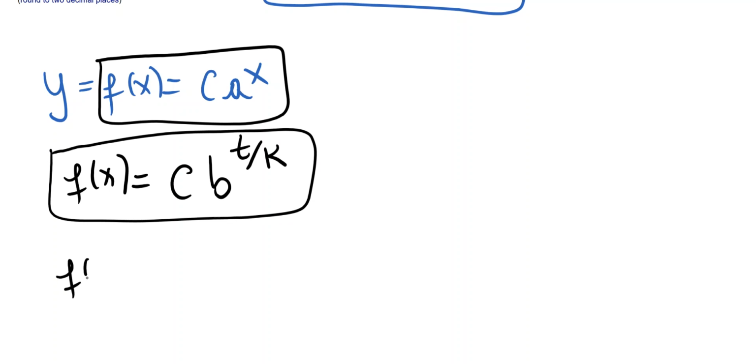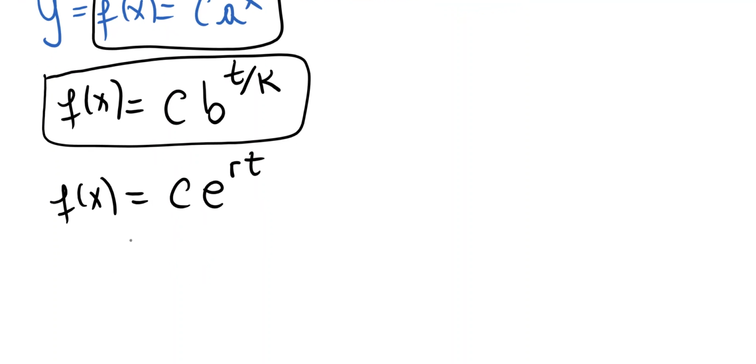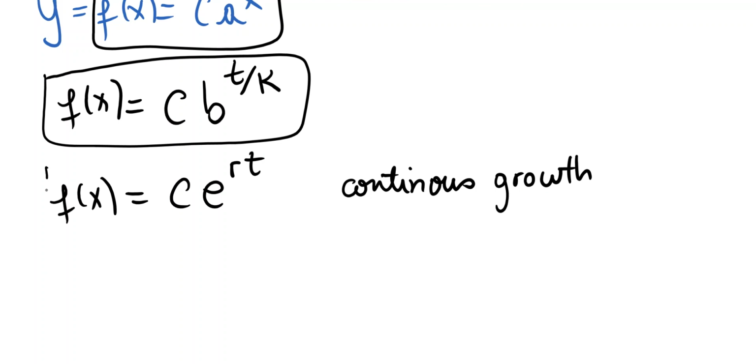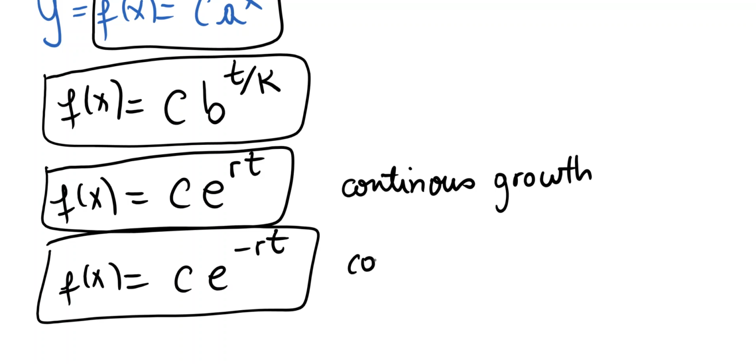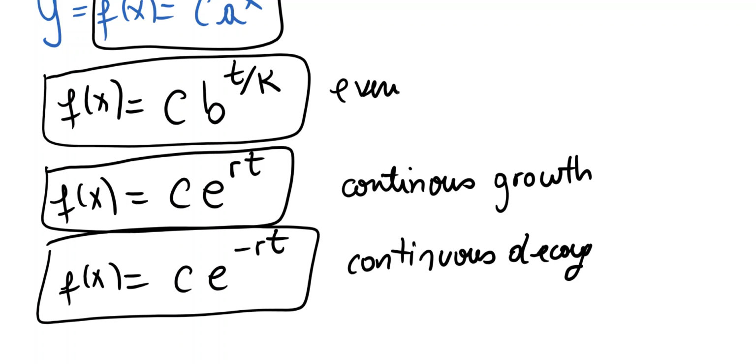And then we have the f of x equals c times e to the rt for continuous growth. And then f of x equals c times e to the negative rt for continuous decay. And this one, the k one, is when the change happens every kth period of time.